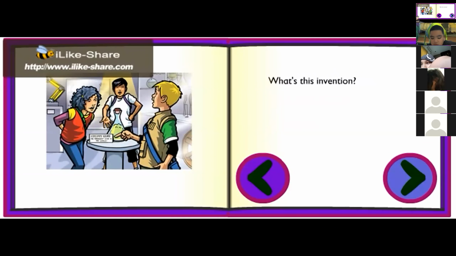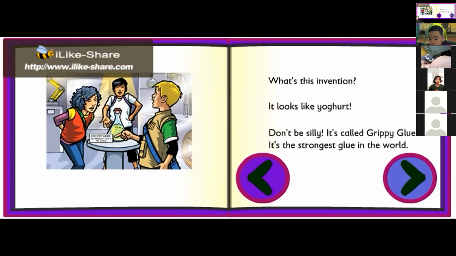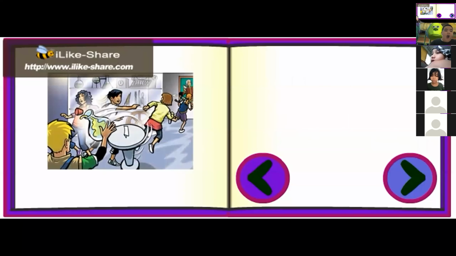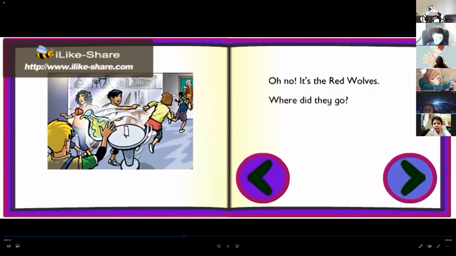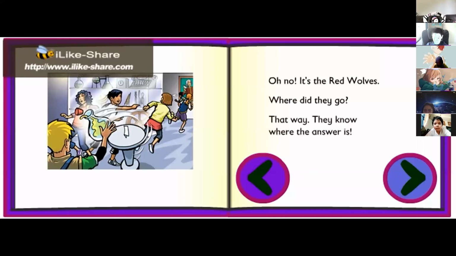What's this invention? It looks like yogurt. Don't be silly. It's called grippy glue. It's the strongest glue in the world. Oh no, it's the red wolves. Where did they go? That way. They know where the answer is. Quick, follow them.